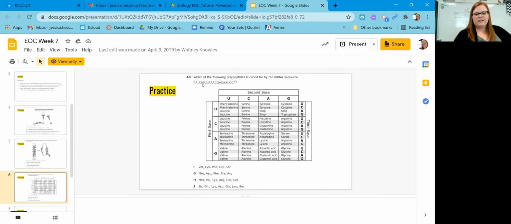So we start with G as our first base. So we know it's in this row. U is our second base, so we narrowed it down to this box, GU, and then U is the top one. But again, the entire box is valine, so the answer to this one is H, because it's not asparagine. So we eliminated everything but this one.